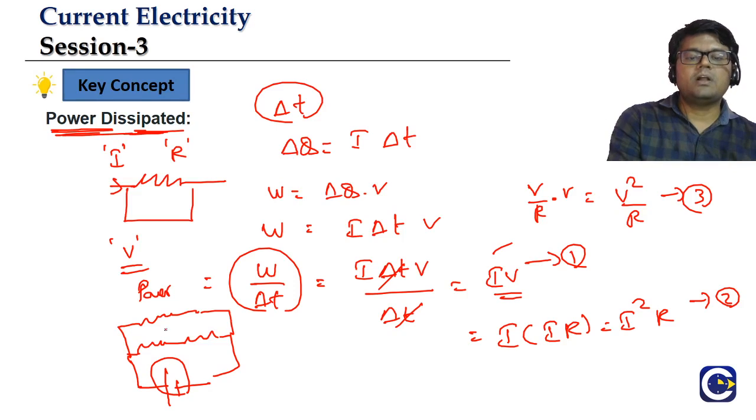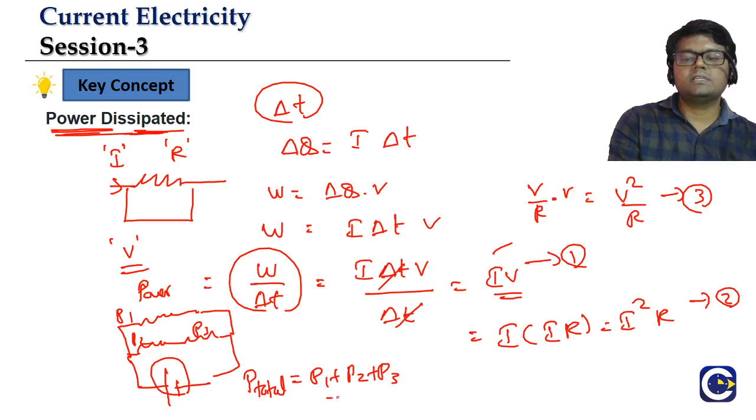So we add up all the power dissipation. Let us say here the power dissipated is P1, here it is P2, here it is P3. We add up all of them, and that gives us the total power dissipated. So the total power dissipated by the cell or battery is equal to the sum of the powers dissipated across each component. Clear guys?